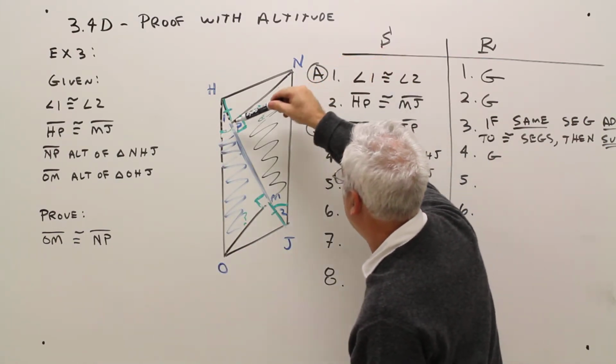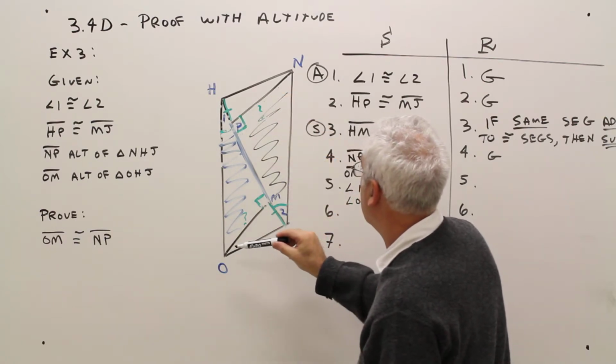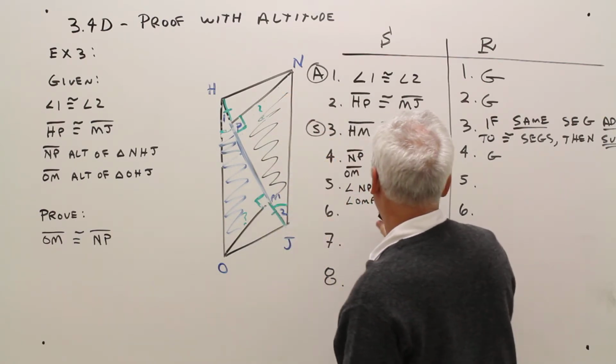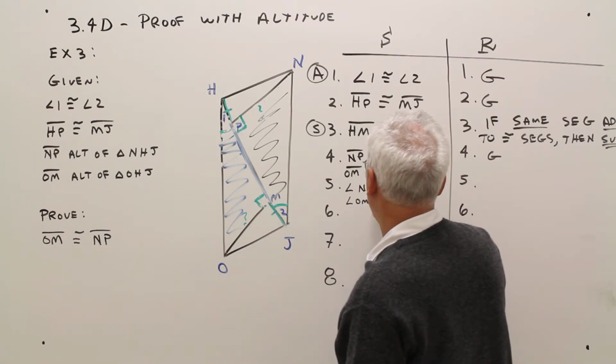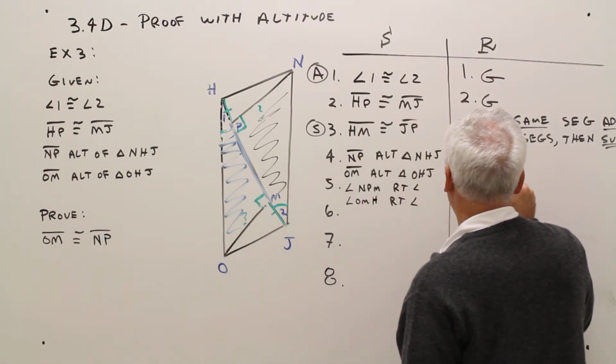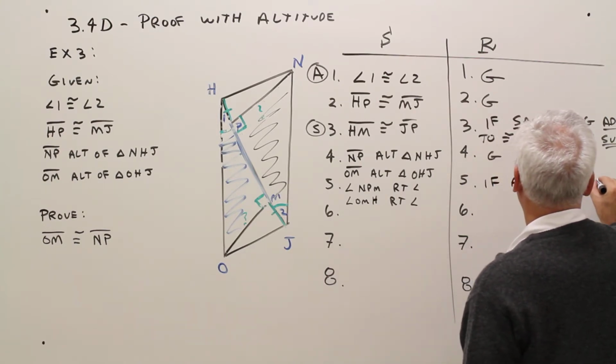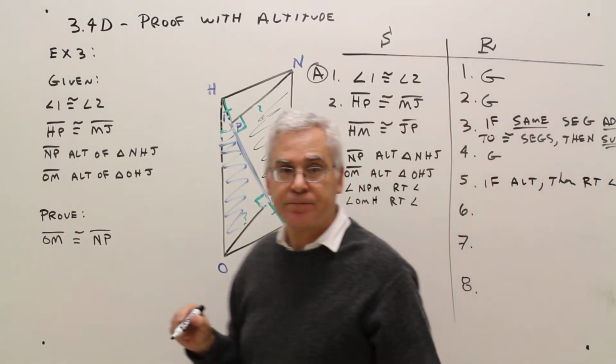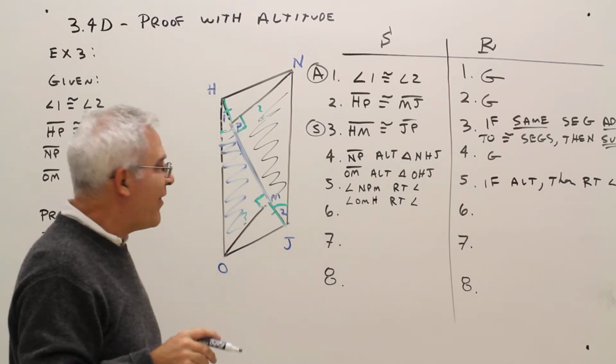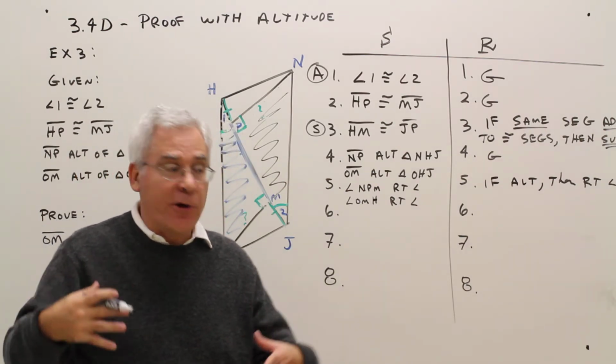Let me just make sure I did that correctly. NPM and OM, I'm going to go OMH, just as part of it. And I'll say if altitude, then I get a right angle. Oh, and then if I got right angles, they're congruent.